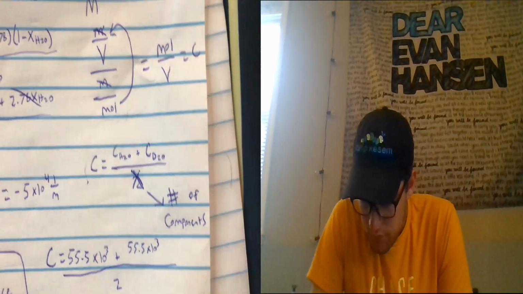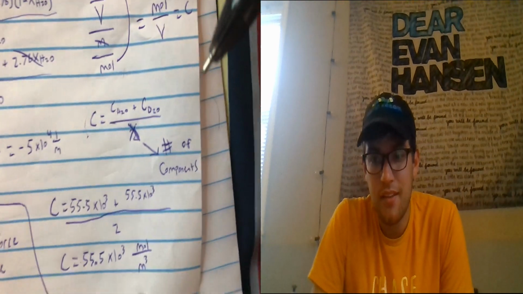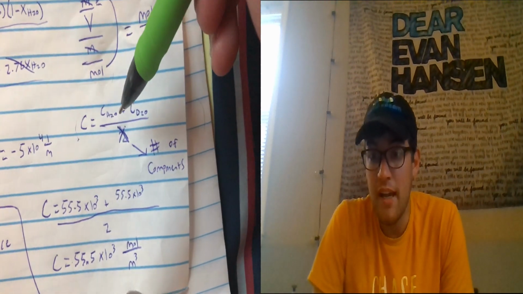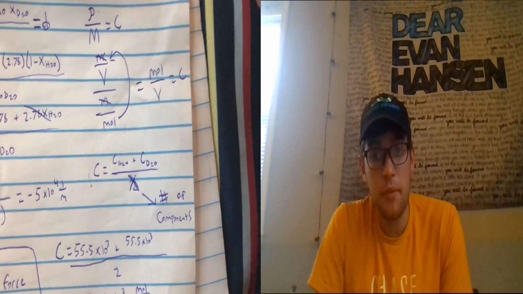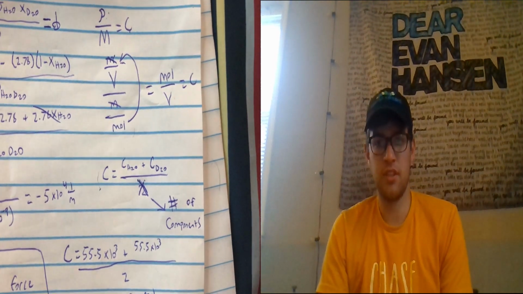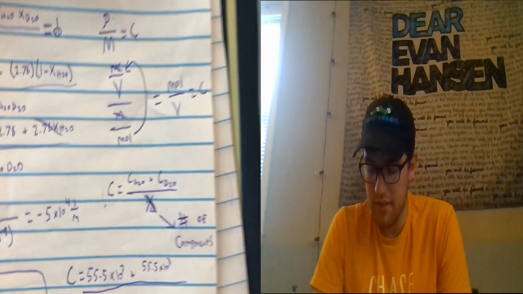We can find these very easily. We just take the density of water, which we know is 1,000 kilograms per meter cubed, and divide that by the molecular weight of water, which is 18.02 grams per mole. That gives us 55.5 times 10 to the third.